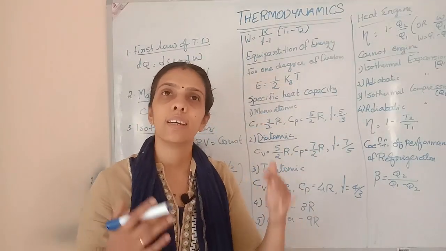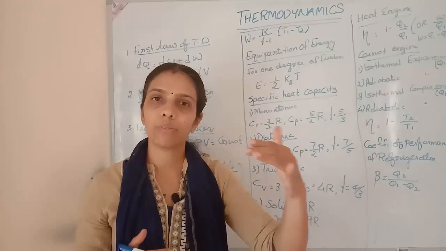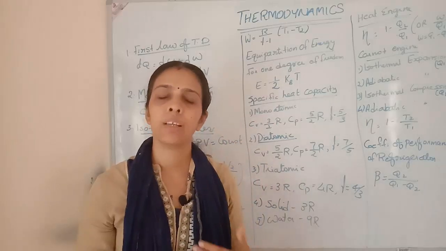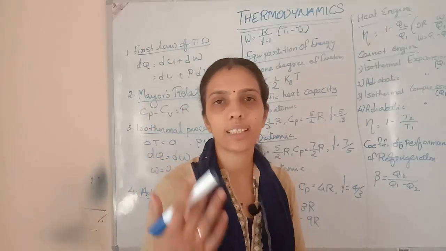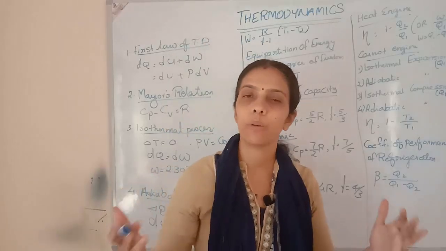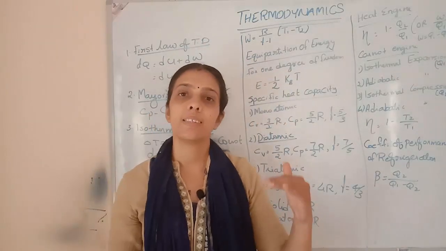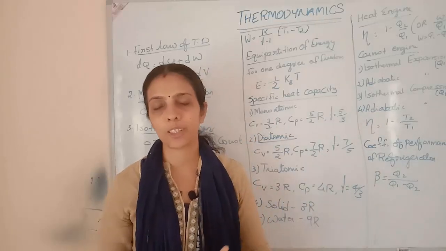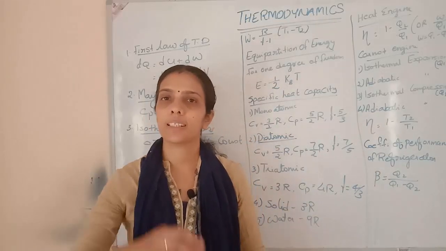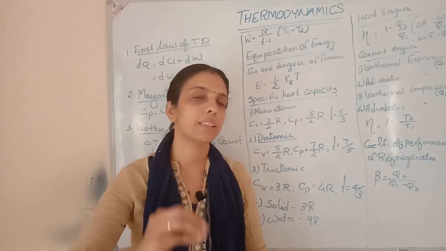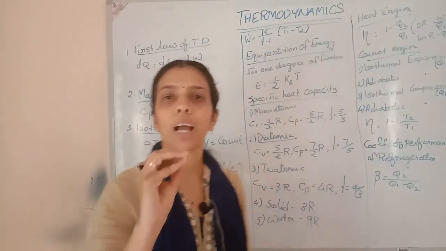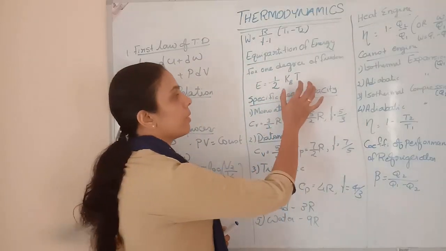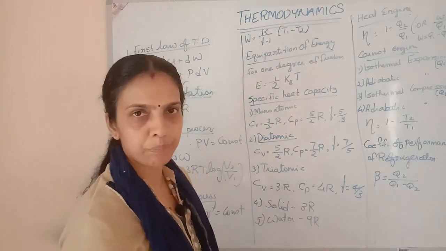So that is divided among each and every degree of freedom. Only in the case of the vibrational degree of freedom will we consider it as kBT, since kinetic energy and potential energy will both be present there, so we consider half kBT plus half kBT as kBT. Otherwise each degree of freedom will be half kBT.